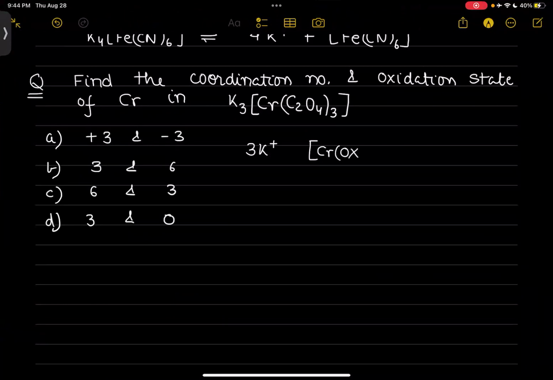It can be written in short form like this. Many places it is written like this, so be careful about it. It is 3 minus. What is the charge on oxalate? And what is the denticity of oxalate? That we can discuss.